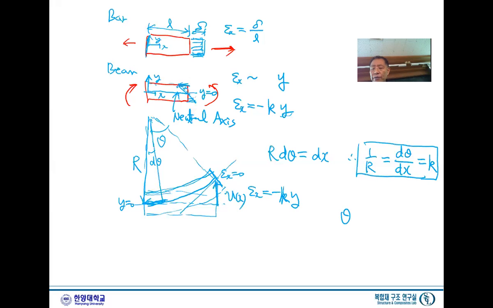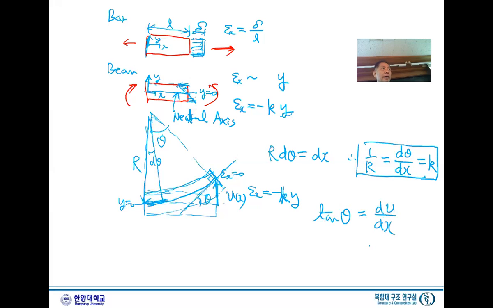So this is v. So if we have a tangent, and what will be this one? This one is theta, the tangent, this is a right angle, so this will be the theta. So tangent theta is basically the v derivative, right?